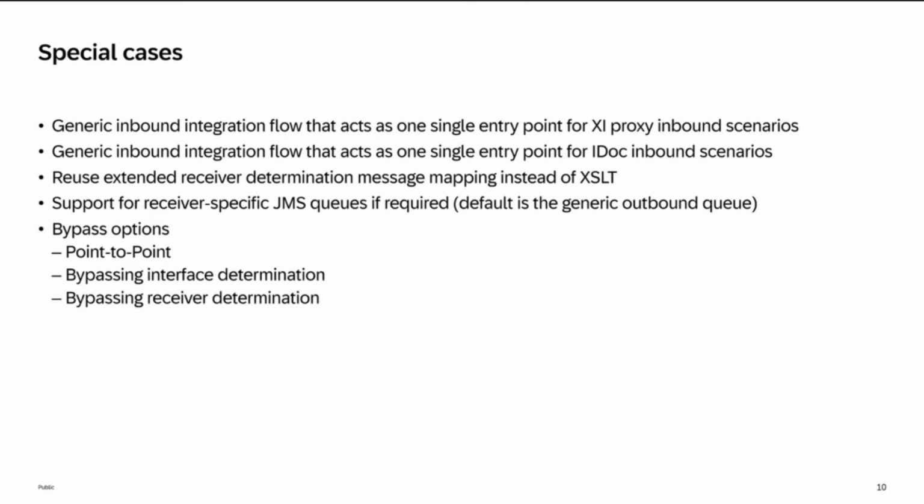You could also then use one receiver-specific queue or a group of one queue for a group of receivers, right? And then there are also options to bypass steps if required, like point-to-point, right? If you have a pure point-to-point scenario, then you can actually bypass most of the steps. You could also bypass the interface determination or bypass receiver determination.